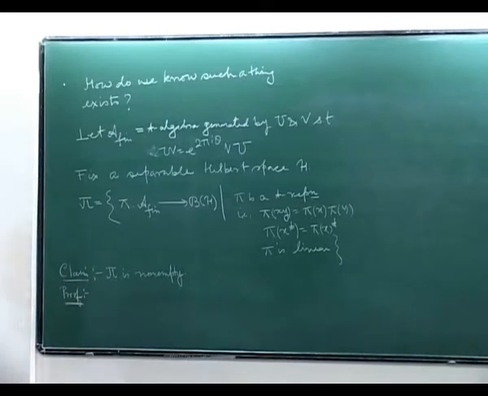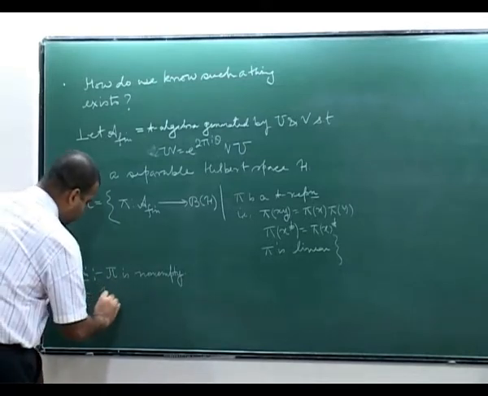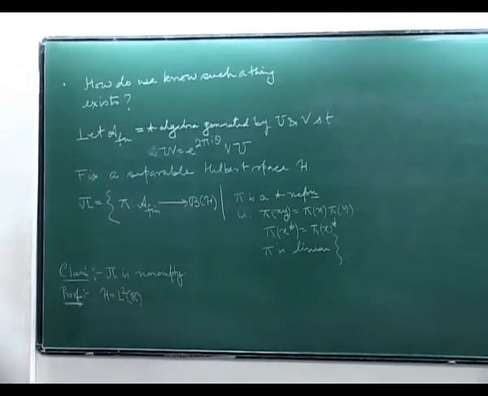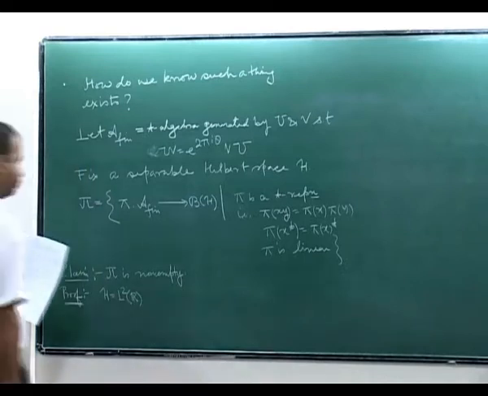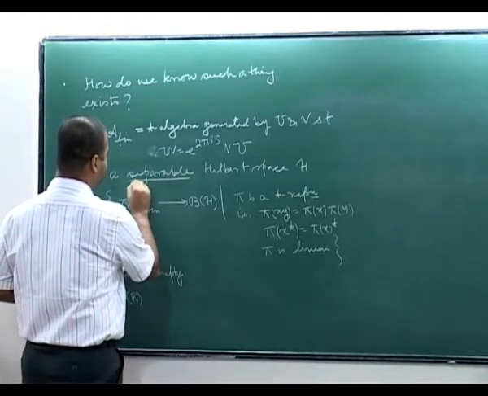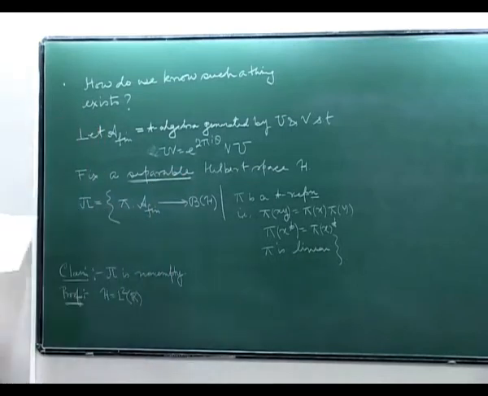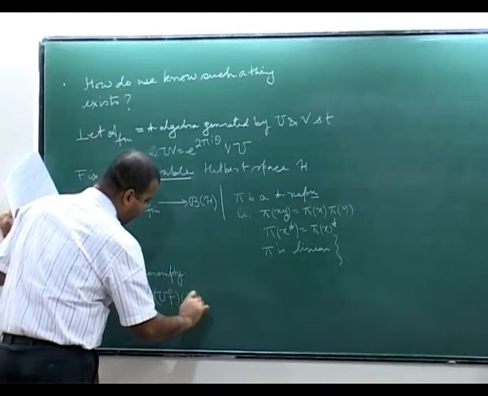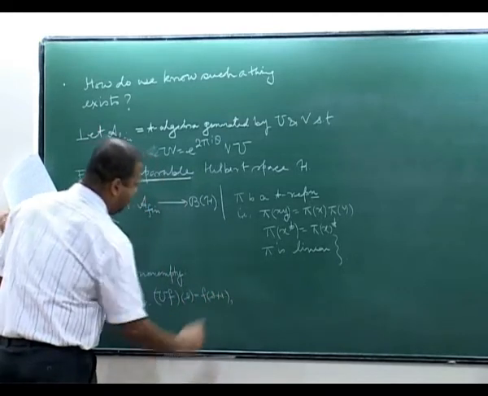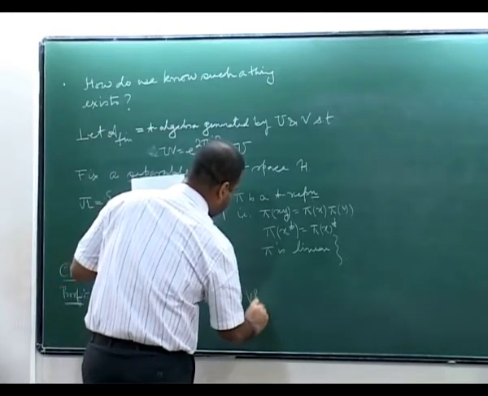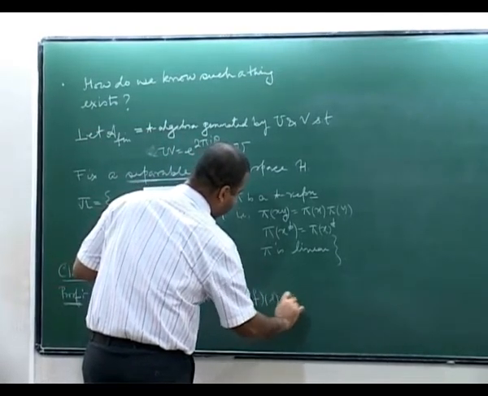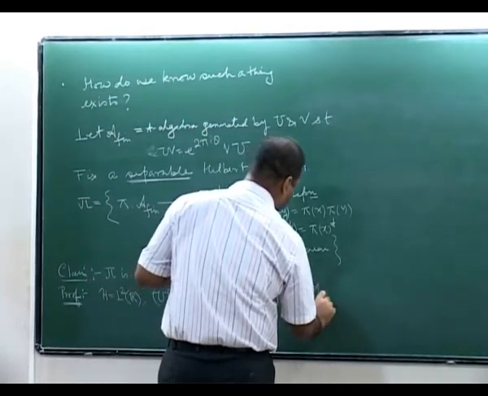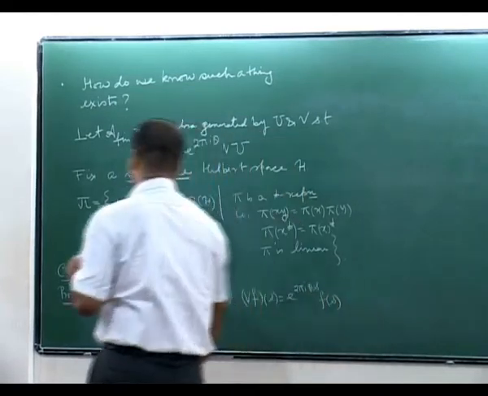For that you consider this Hilbert space H equal to L2 of R. And now you define two unitaries, namely U of f at s equal to f of s plus 1, and V of f at s equal to e to the power 2 pi i theta s times f of s.